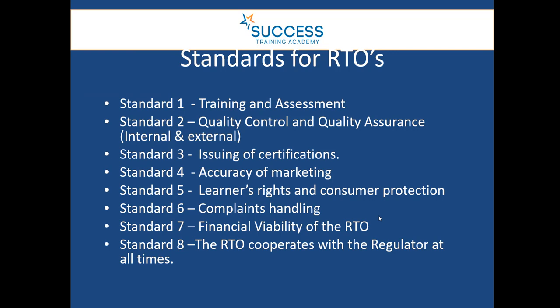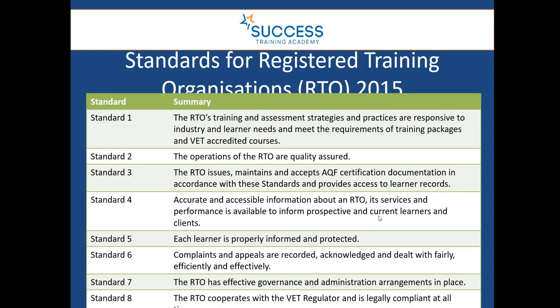So let's just go back. Standard 4 is marketing. That is about making sure that, for example, your TAS and what's on your website are mirroring each other, and that you've got accuracy on your website, on your social media marketing, in your pamphlets and in the information going out in emails.